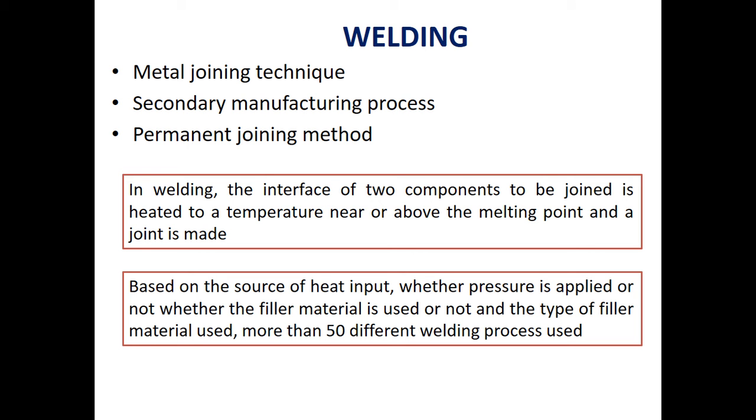So all these metal joining techniques come under secondary manufacturing processes, and welding, again I will tell you, is a permanent joining technique. Before coming to that, what are the different metal joining techniques?